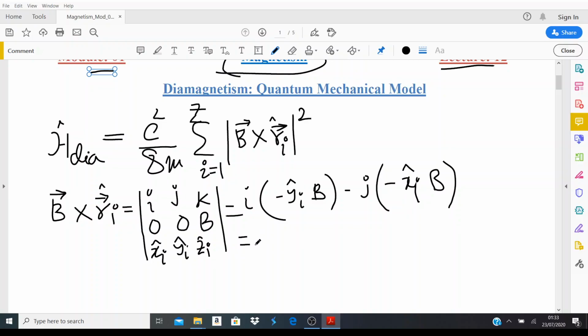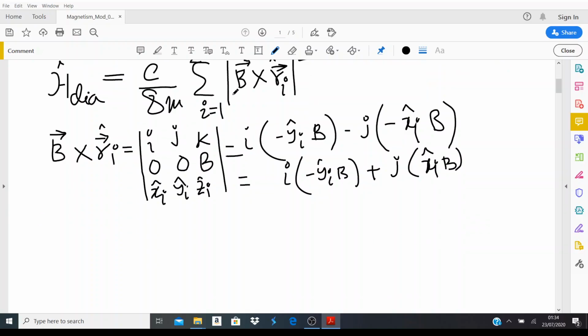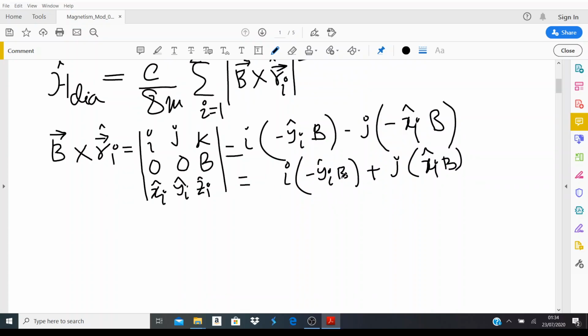So this turns out to be: the i component is minus yi times B, then plus the j component is xi, the position operator along x, while yi is the position operator along y, times the magnetic field strength, right? We need to find the modulus square of this vector, which is just the square of these components.